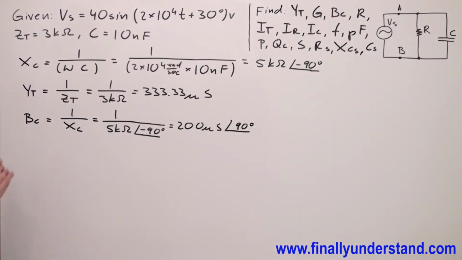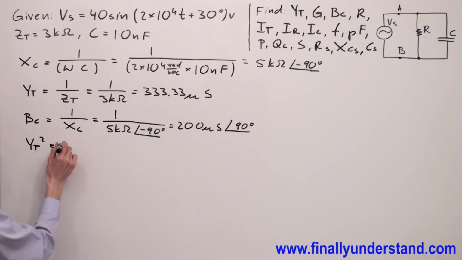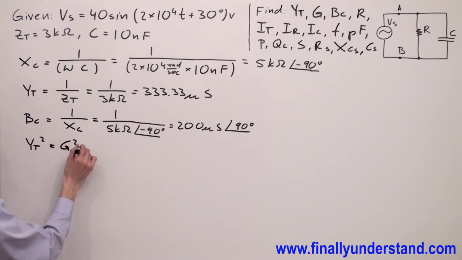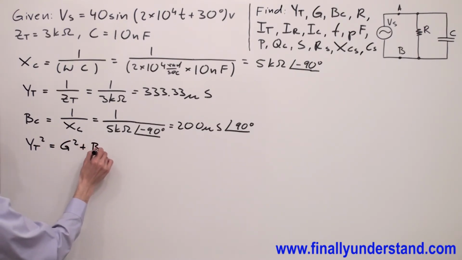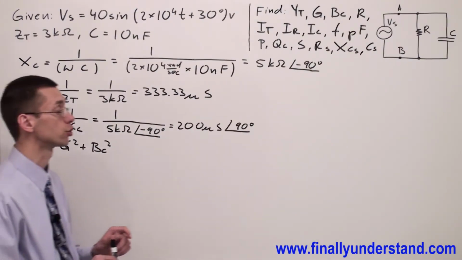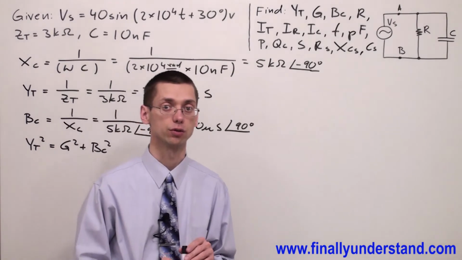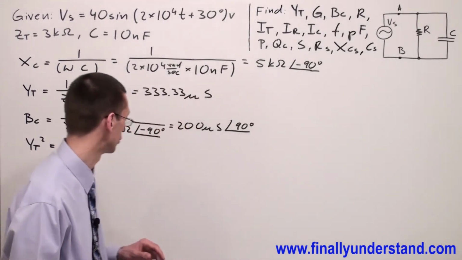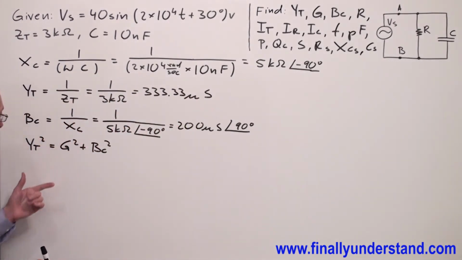I have Y total, I have BC, I can find G. Formula says Y total square is equal to G square plus BC square. Please notice that we are solving the parallel circuit. When we're solving parallel circuit, we're supposed to deal with the admittances. That's why I'm supposed to write this formula.